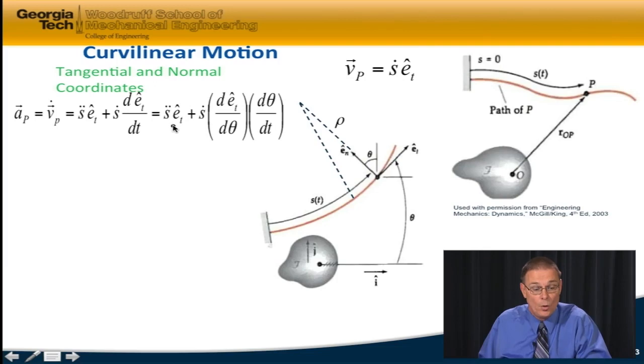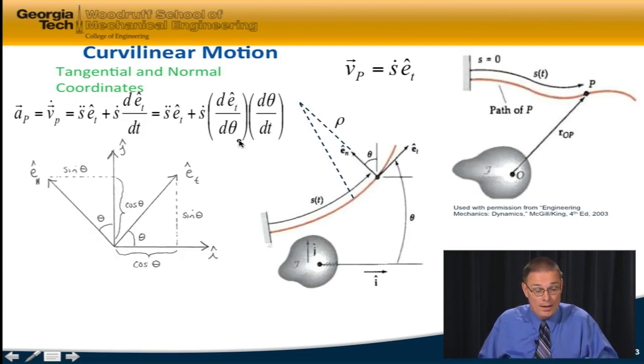or s double dot e tangential plus s dot, and similar to what I did before, I'm going to break this derivative of e tangential with respect to time into two parts, a motion part, d theta dt, and a geometrical part, d of the e in the tangential direction, d theta.